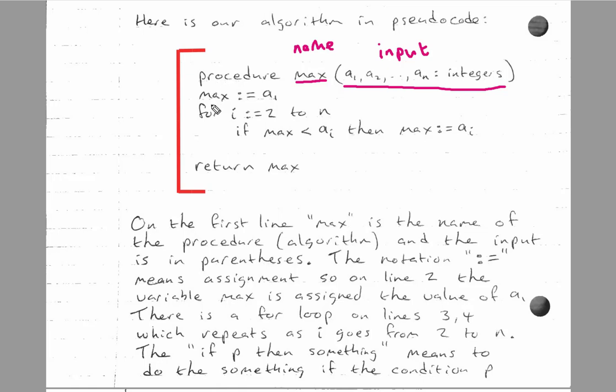Okay, so what happens next? Probably confusing, but for our temporary maximum, we're using the variable max. Okay, so this variable is going to store the biggest integer found so far. And in our steps, we first let max be the first integer in the list, a sub 1.